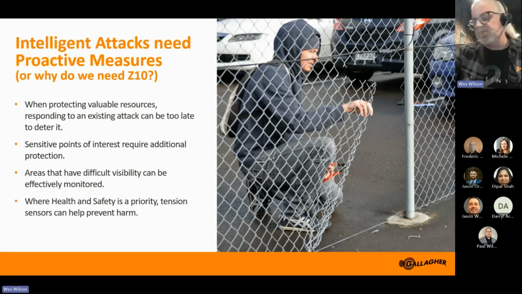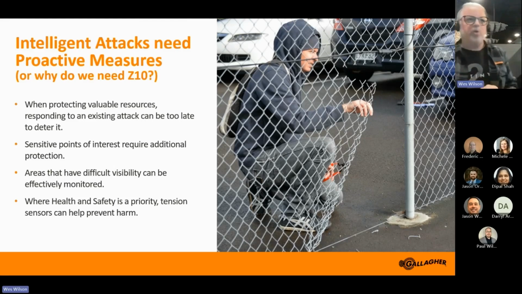What the Z10 does is it allows you to detect the attack as early as possible. If someone is attempting to get over the fence, you will know about that before a PIR or a camera within the boundaries of your fence.